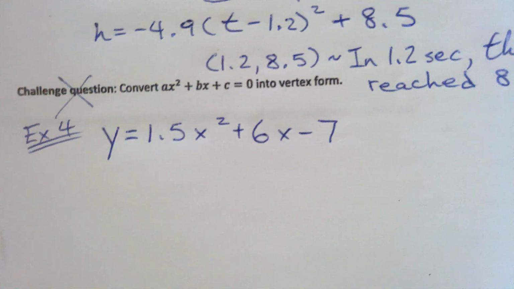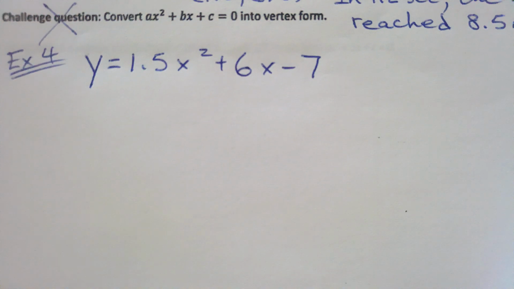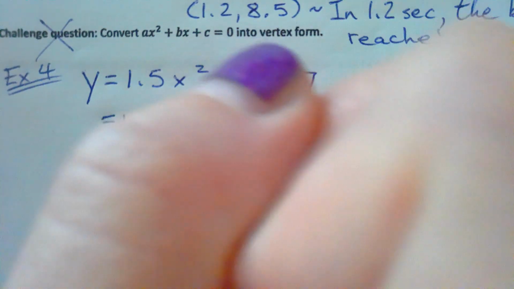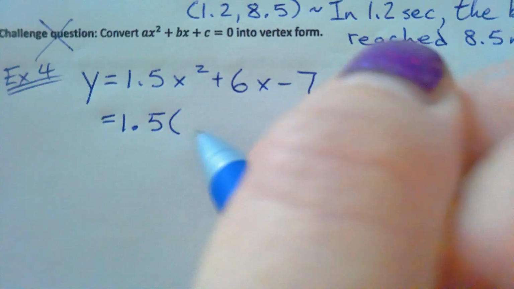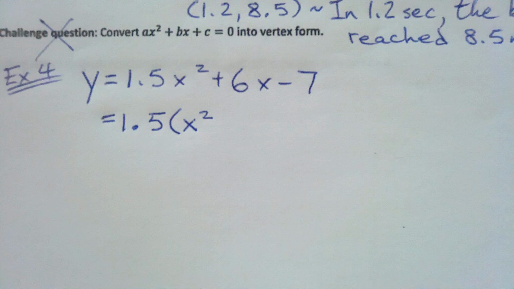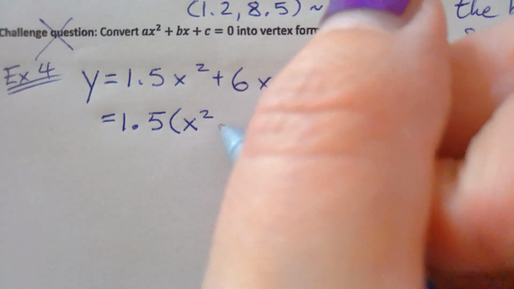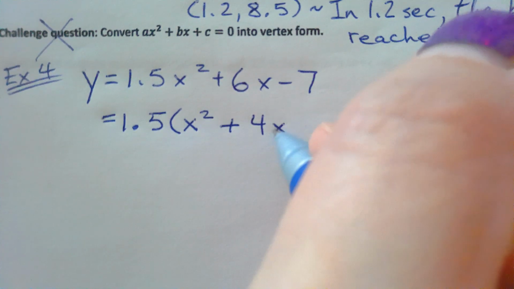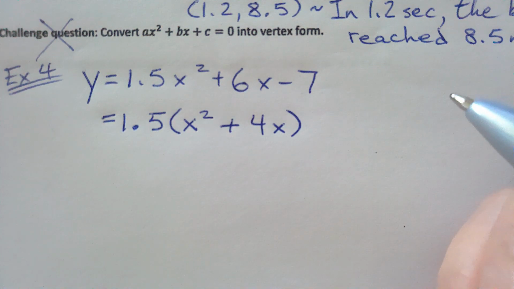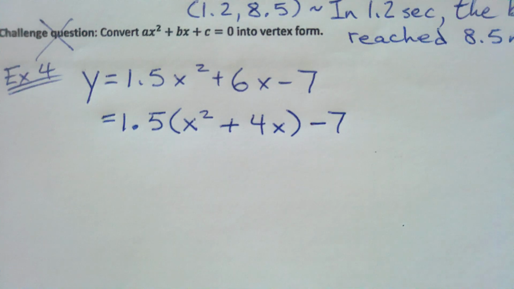So what's the a value here? 1.5. I'm going to factor out the 1.5 out of the first two terms and two terms only. So 6 divided by 1.5 is 4, so plus 4x. Am I doing anything with this minus 7? No, so just copy it straight down.